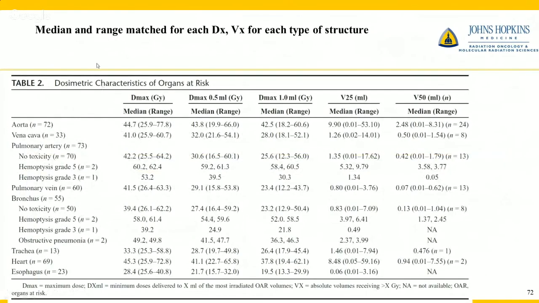And this paper was also kind enough to publish the min and the max and the median of each of these Dx Vx values. So I could check to make sure the distribution of the points I digitized matched the distribution that they published. So I could check myself, at least min and max and median.